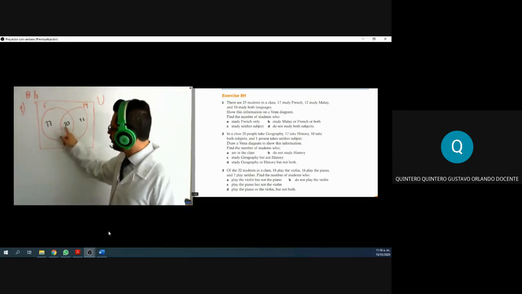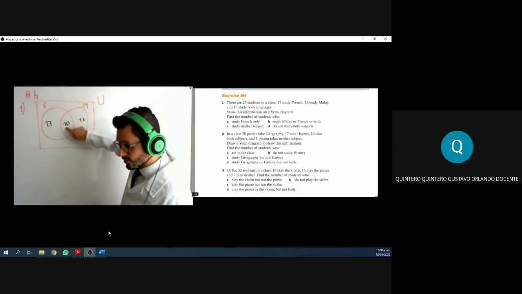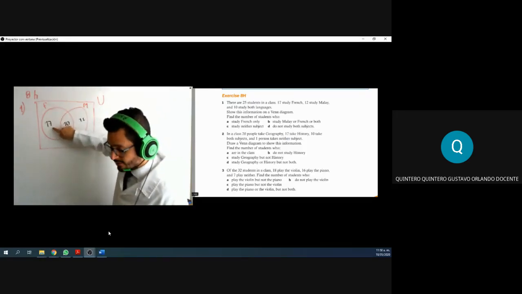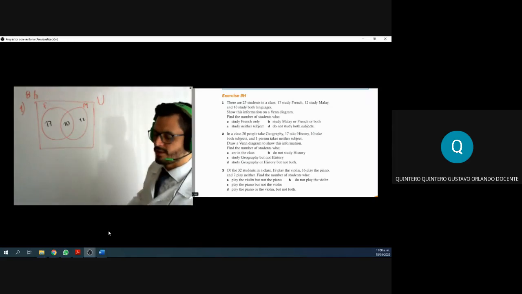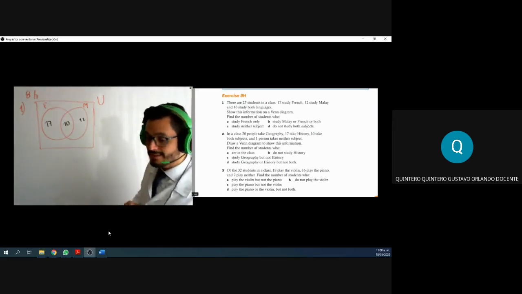We have 27 people. Remember, these 10 are also inside French. This is the circle for French, so 10 students are inside of French, as well as these 17. So now we have 27 students studying French. That is a problem. And how do we fix that problem?